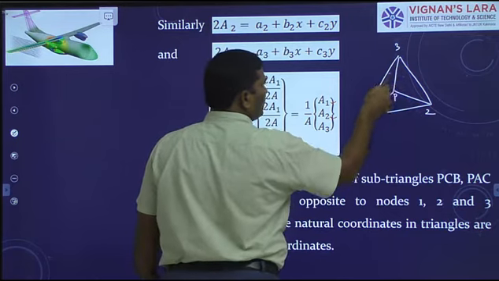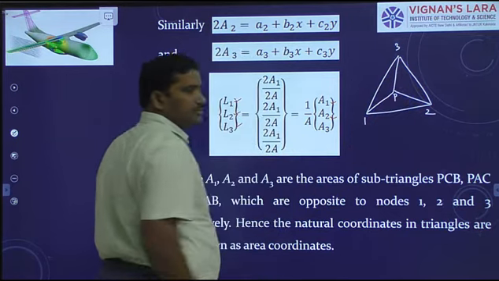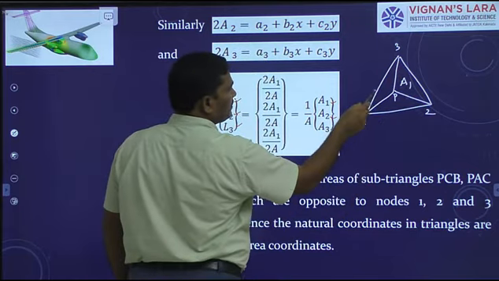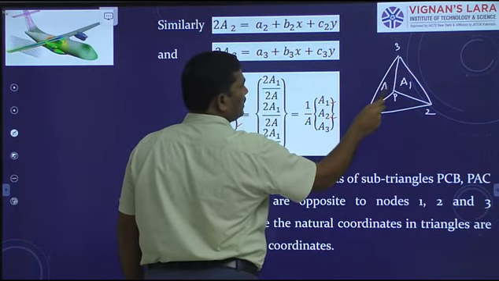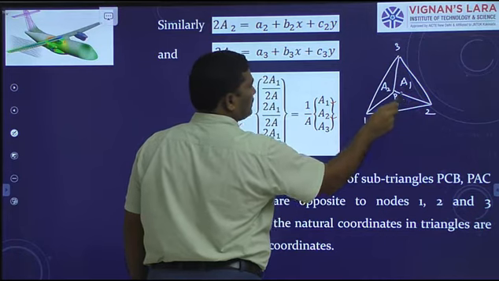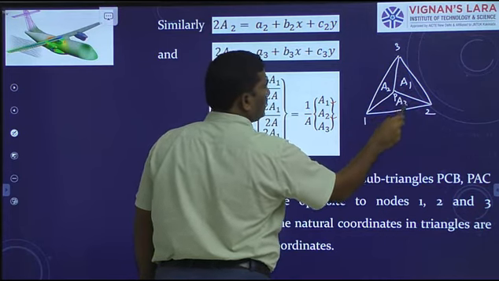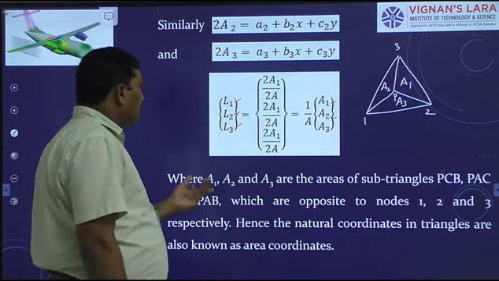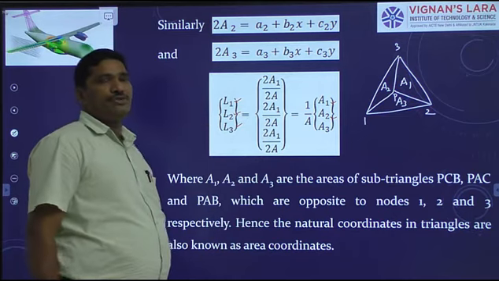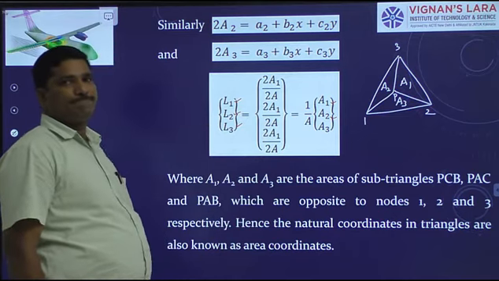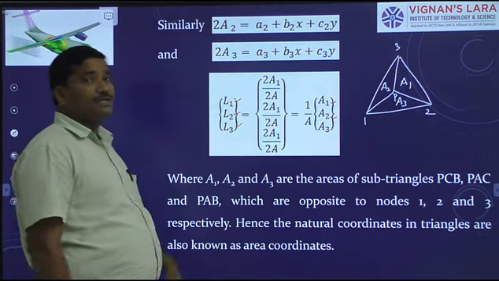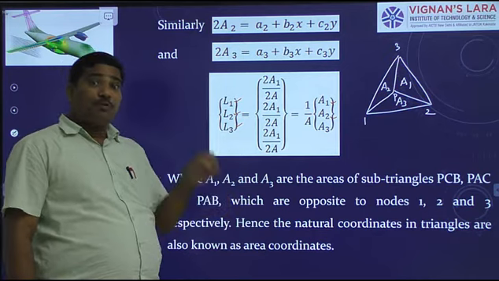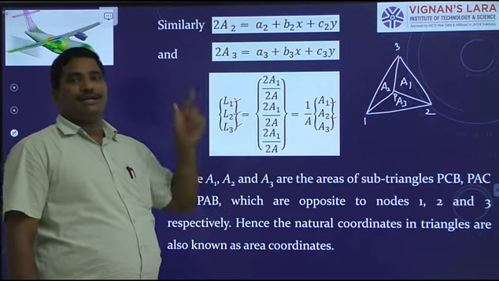Therefore, this is the sub-triangle, its area is A1. This is the sub-triangle, its area is A2. And this is the sub-triangle, its area is A3. Now, let us see how these three natural coordinates vary, because they represent area coordinates, at each point of the triangle.